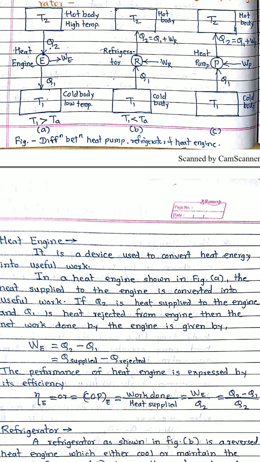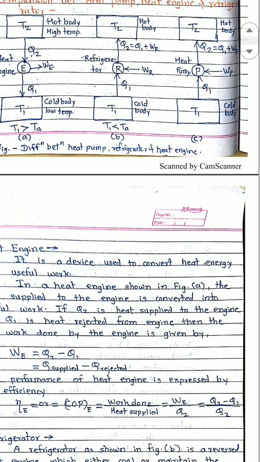Now focus on the third part, that is a heat pump. If you observe figure B and figure C, both the notations and all this part are the same. Here T1 is T1, Q1, and again the arrows are the same.